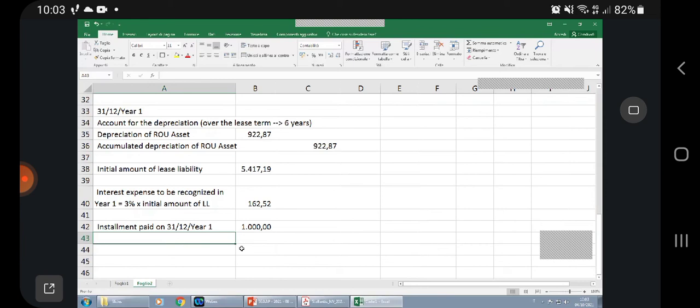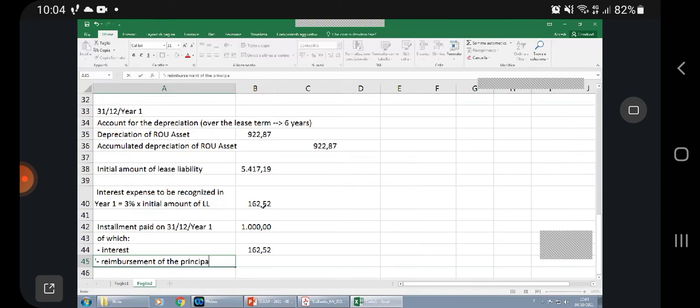So, of which interest 162, and the remaining part reimbursement of the debt, of the principal of the debt. So the remaining part 837 euros.